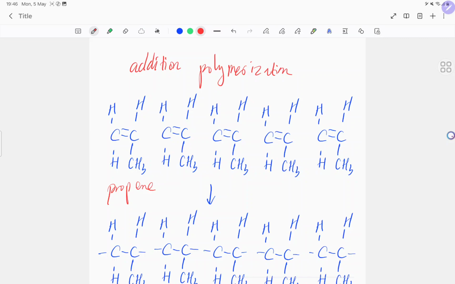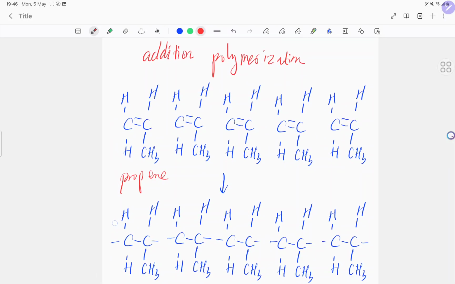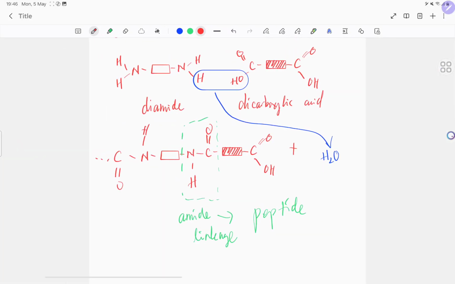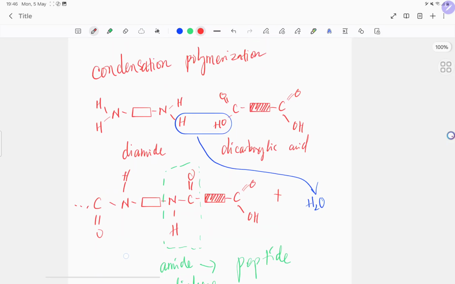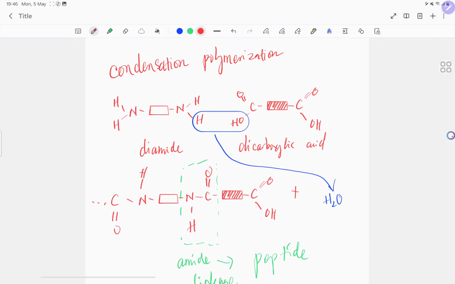And one more thing is that addition polymerization requires a CC double bond. Condensation doesn't. The condensation one doesn't require a CC double bond, but instead requires two functional groups able to form water.